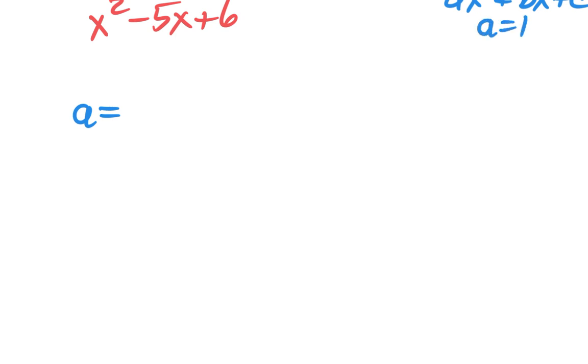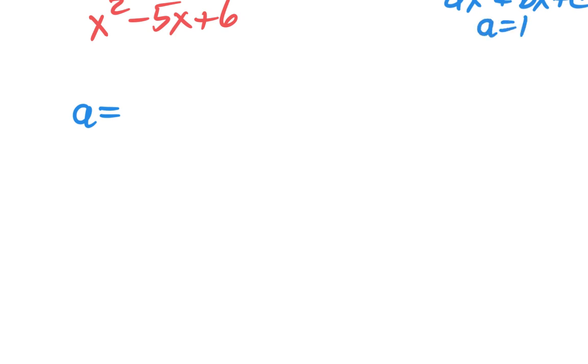We've got x squared minus 5x plus 6. So the first thing that we want to do is label A, B, and C. I'll just write over here ax squared plus bx plus c. So A equals, we already know our leading coefficient is 1.